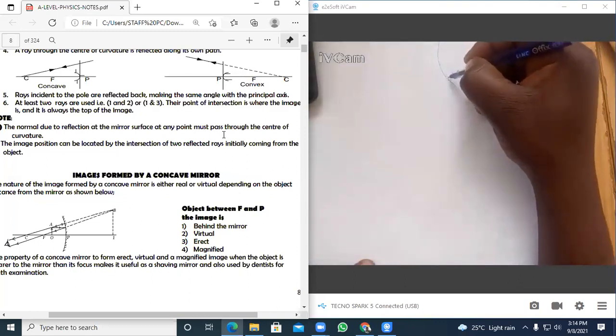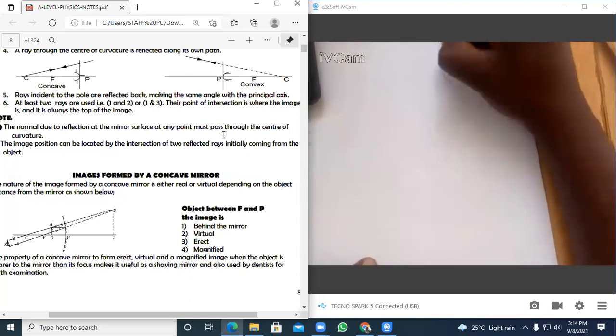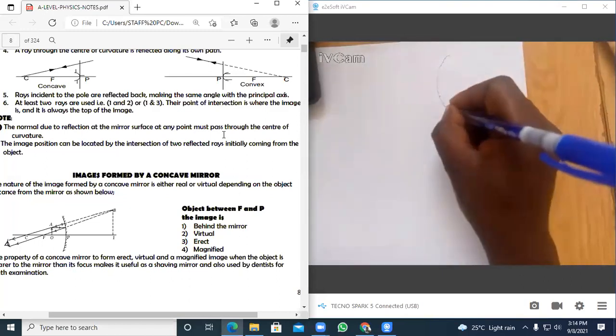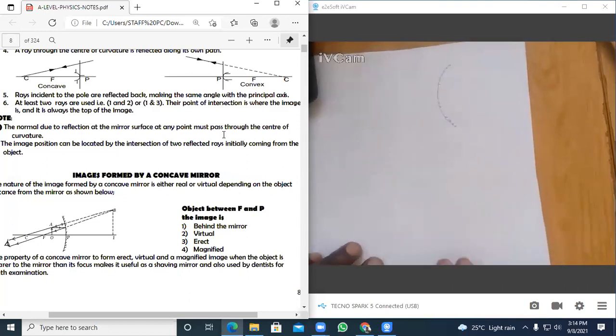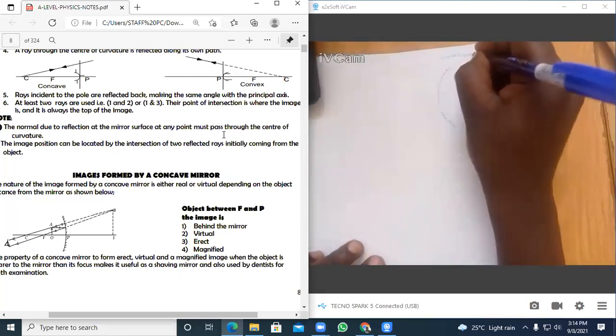That is convex, this one. And you shade very well, you must make sure that these lines are touching that surface very well, like that. So that will be a convex mirror.